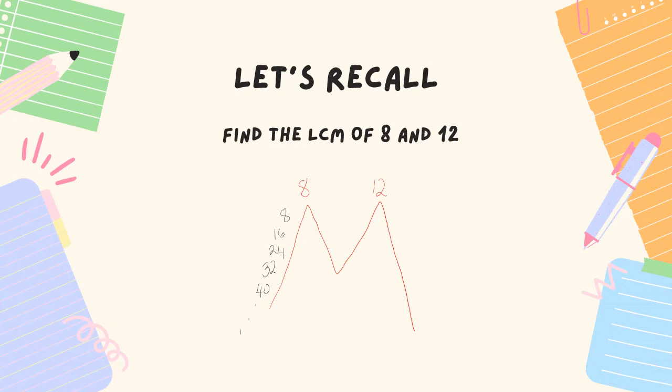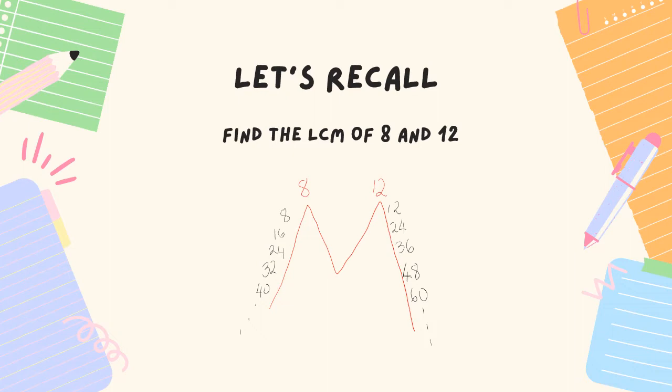And then we're gonna list out the multiple of 12, starting with 1 times 12 is 12, 2 times 12 is 24, 3 times 12 is 36, 4 times 12 is 48, 5 times 12 is 60, and then so on. And then the most important step is we are going to find the common multiple, and that is the lowest between 8 and 12.